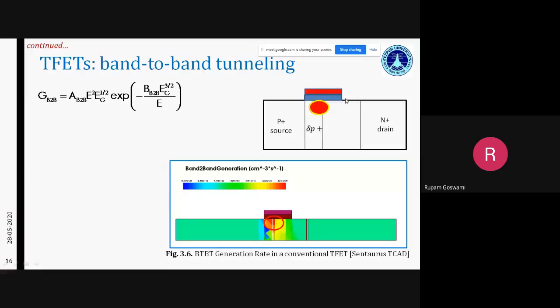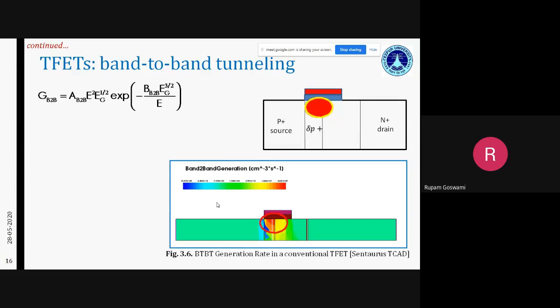So this is the gate drain underlap, and you can see the source is a bit extended inside. So you will have this particular tunneling rate at the delta P plus and channel junction. And you can see the rates are marked here in color in the diagram below, and the maximum has been given for the red color.